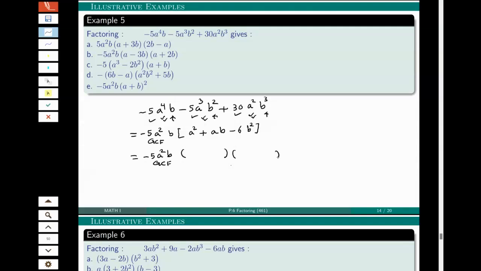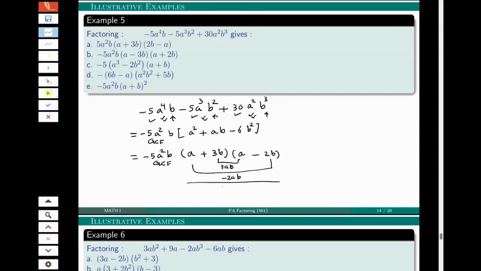I open two brackets and I said if the last is negative, then one of them is plus, the second is minus. A squared, we have one option, which is a times a. Regarding minus 6, it will be 3 times minus 2. Why 3 and minus 2? Because 3 times minus 2 is minus 6. I should say 3b and minus 2b. Inside will be 3ab, and outside it's minus 2ab.